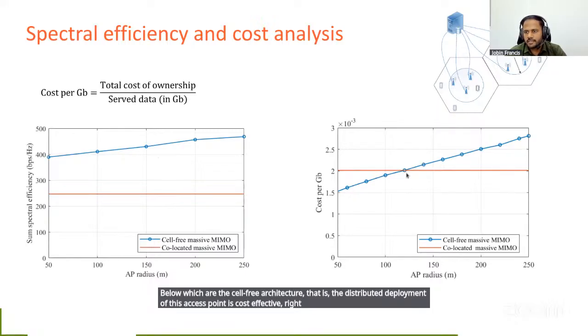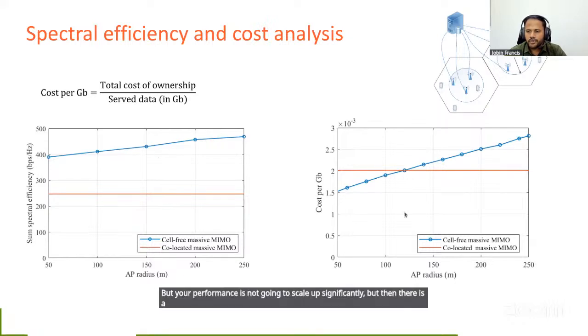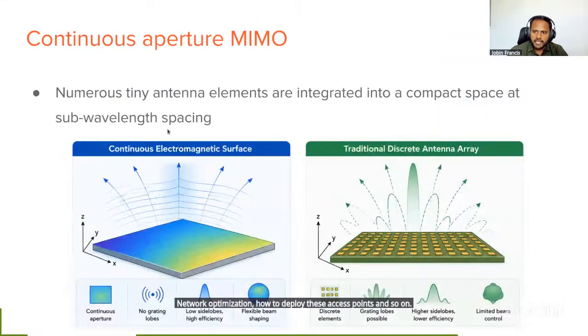So as you spread out these access points more and more, your cost is going to go up, but your performance is not going to scale up significantly. But then there is a nice optimal point at which you spread them just sufficiently so that cost-wise you are better, but without hurting too much on the data rate. Okay, so basically you can do this sort of network optimization, how to deploy these access points and so on. All right, so that is the idea of cell-free massive MIMO.